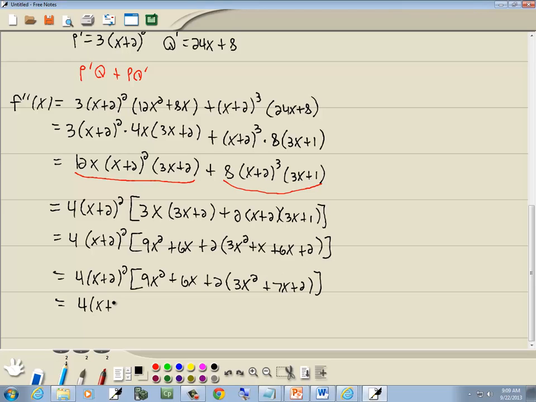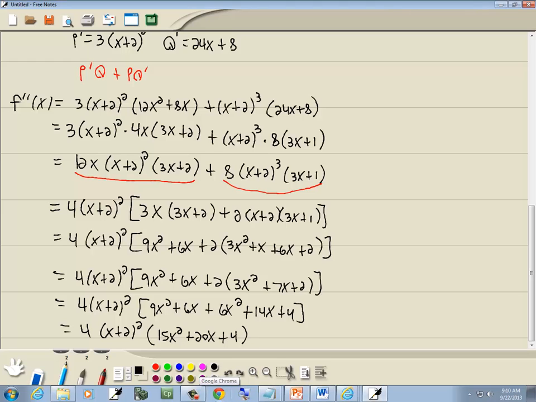4 times x plus 2 squared, and 9x squared plus 6x, multiply the 2 through. 2 times 3 gives us 6x squared. 2 times 7x is 14x. 2 times 2 is 4. Which then gives us 4 times x plus 2 squared. 9x squared plus 6x squared is 15x squared. 6x plus 14x is 20x plus 4.